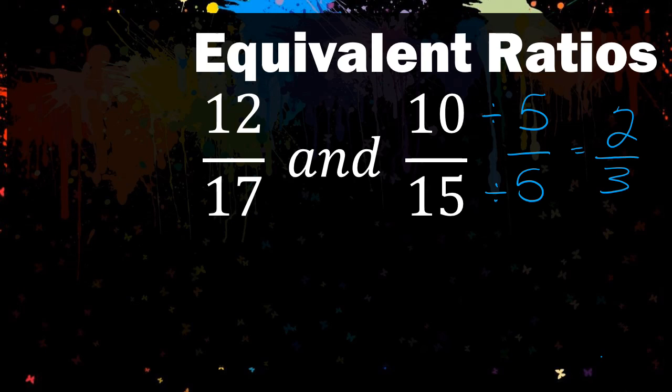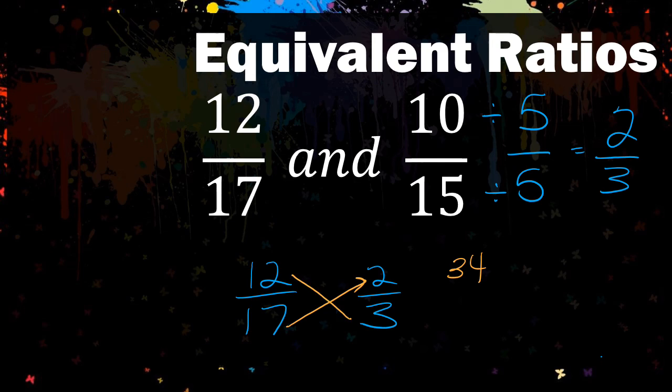Right now, we're kind of stuck because we say, okay, how big is 12/17? The way we can do this is we're going to rewrite this in 2/3. We could cross multiply to figure out if these are equal. So we take 17 times 2 equals 34, and 3 times 12 equals 36.